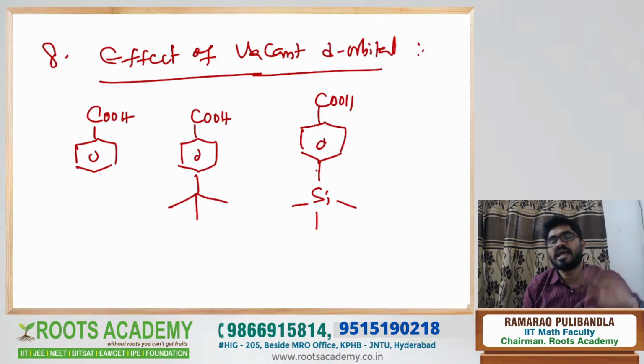Same concept. After removal of the proton, we are getting negative charge species. That is called the conjugate base. If the conjugate base is more stable, the respective acid is more acidic.